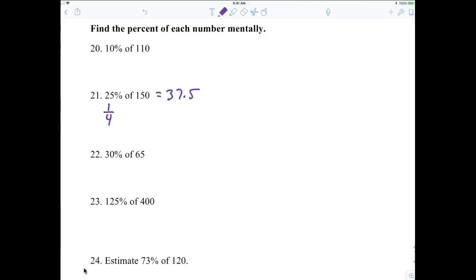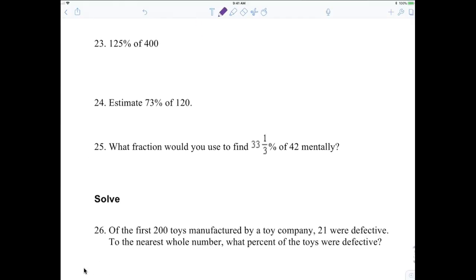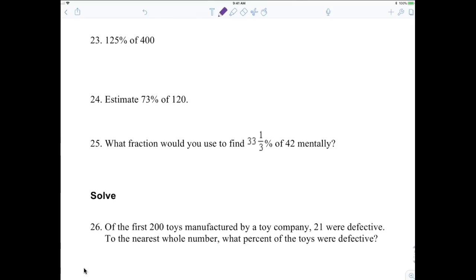All right. Now, number 23 is interesting also. Again, I would hope that you should look at that and say it's 500, because 125% is the same as how many quarters? 5 quarters.